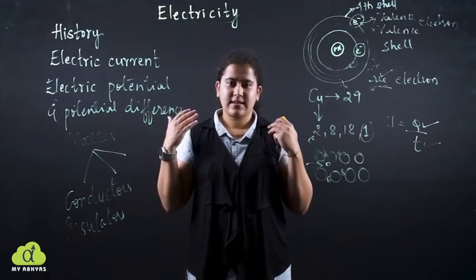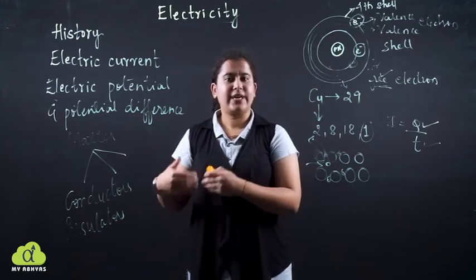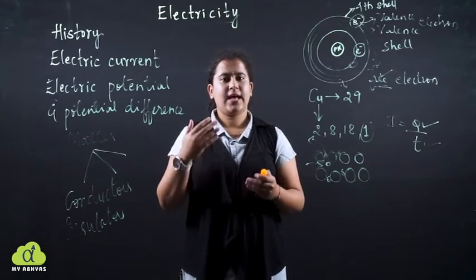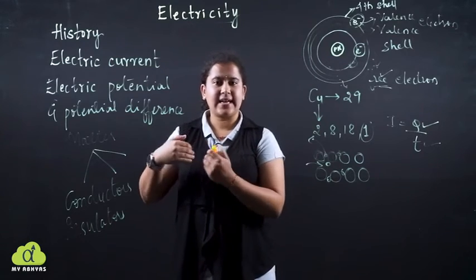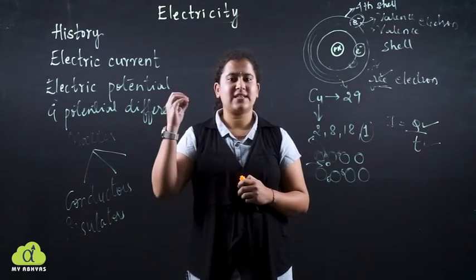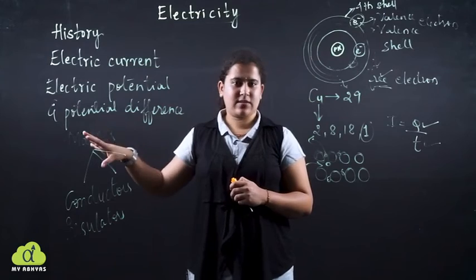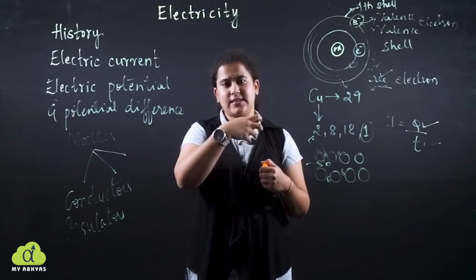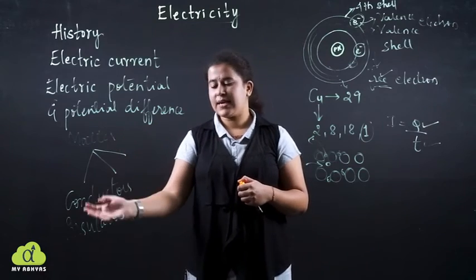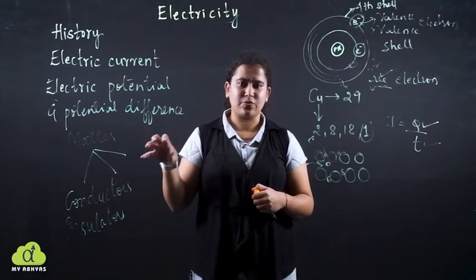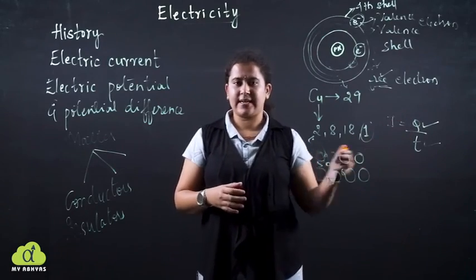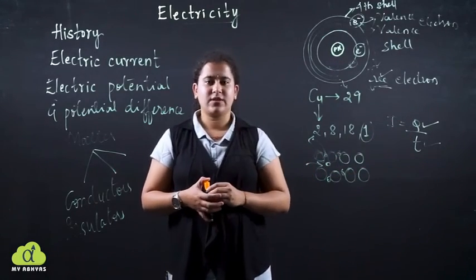In insulators, there is no free electron, so they do not conduct electricity and do not allow the electric current to pass through, because there is no one to take it and move. In conductors, electrons pass the electric current, but in insulators, they do not. So I equals Q by T is the expression for the electric current.